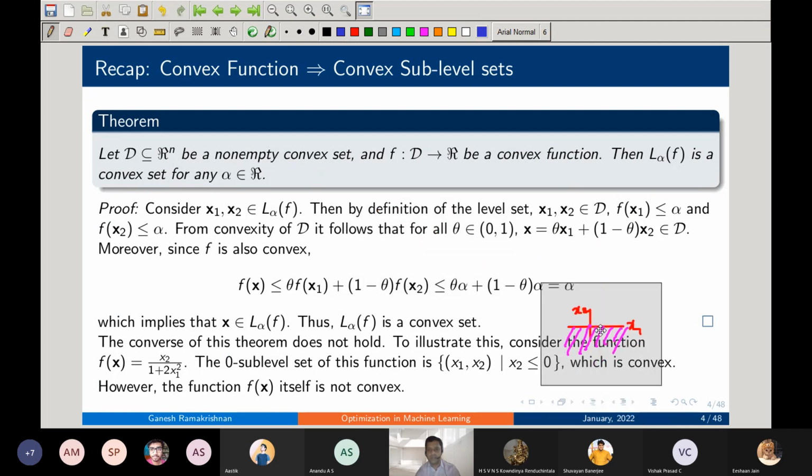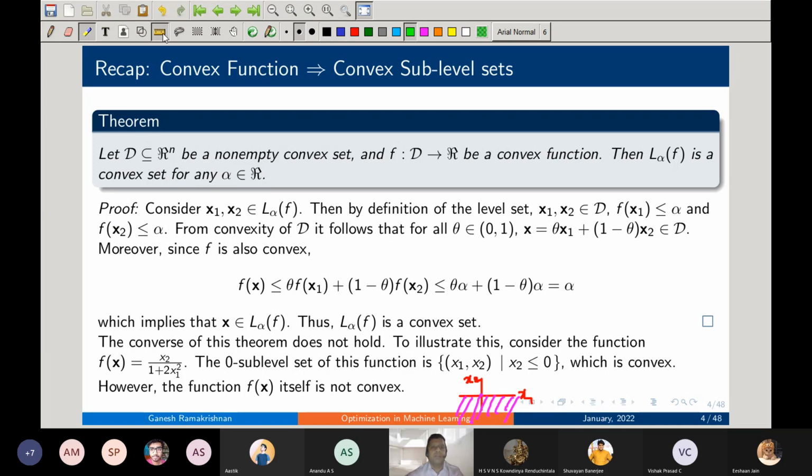This is what we had shown. This was the zero sublevel set: the x1, x2 such that x2 is less than or equal to 0. This is the one shaded in pink.